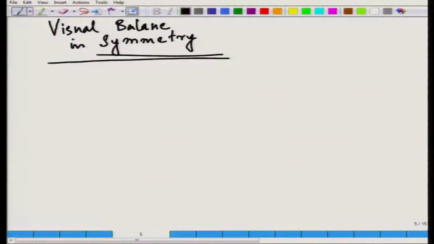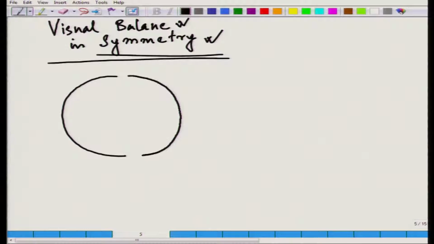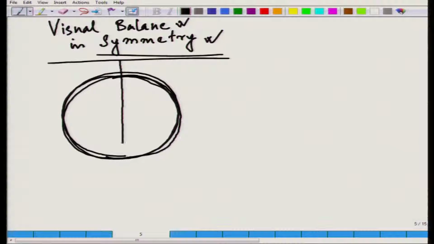When we try to achieve visual balance in symmetry, it is like getting a curve in one order and getting another curve from the other order, and the entire thing then will be nothing but a mirror image.